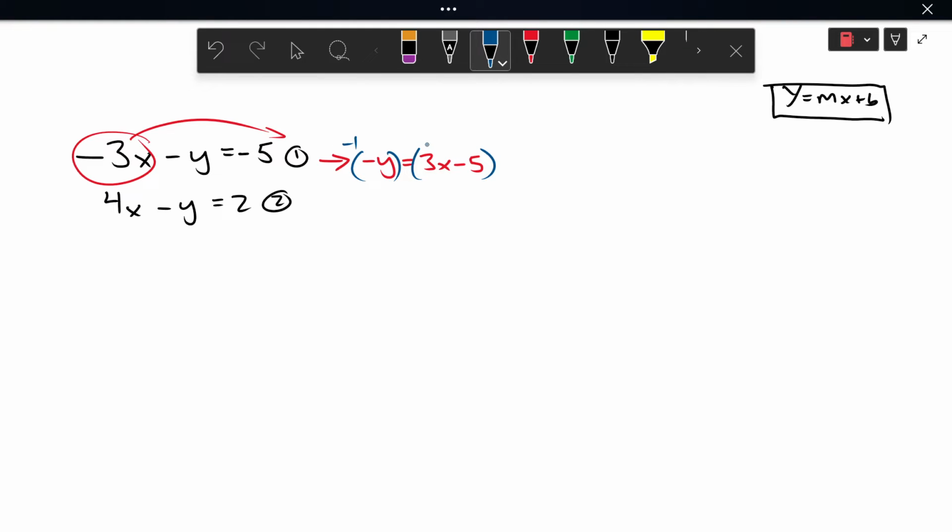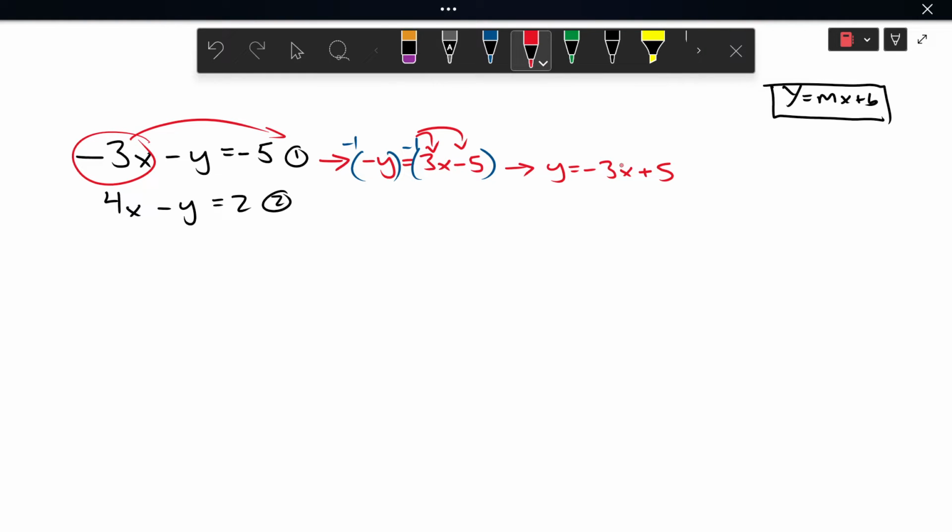So if I times both sides by negative 1, I'm going to ultimately end up with y, because negative 1 times negative y is going to be y, equals, and I have to distribute this negative 1 to both terms inside the parenthesis. So it's going to be negative 3x plus 5, because the negative 1 times negative 5 is plus 5.